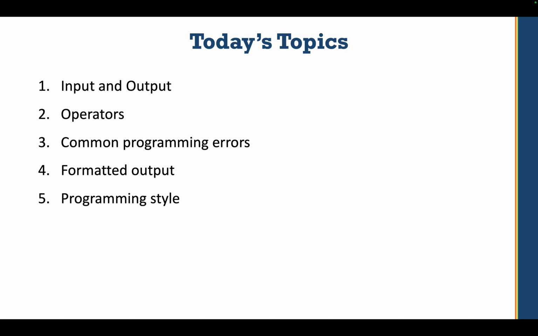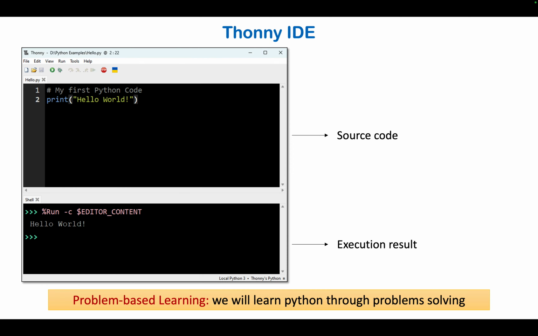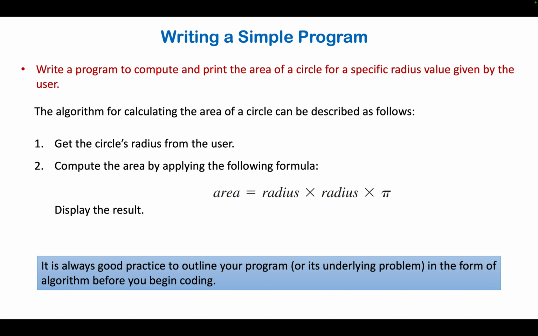So let's start with the problem, right? This you already understood. Now let's say this is a question you get in an exam. You get a question saying write a program to compute and print the area of a circle for a specific radius value given by the user. Let's say you have this question in the exam.